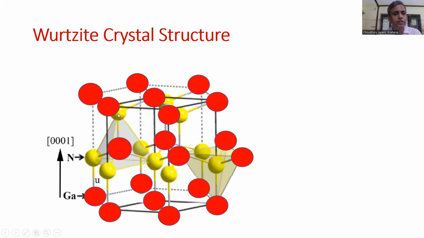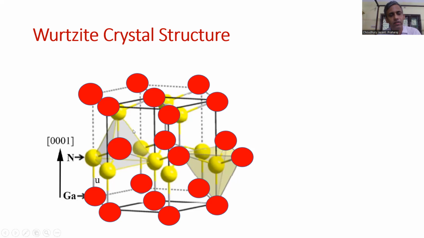So if you look at the gallium atom here, there is a vertical bond to a nitrogen atom, and then there are 3 bonds to nitrogen atoms which are at angles to the vertical. And in the wurtzite crystal structure, it turns out usually, this vertical bond has a different length from the bonds that are at angles to the vertical, and that gives it a wurtzite structure.